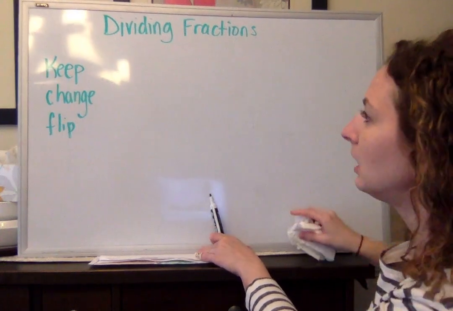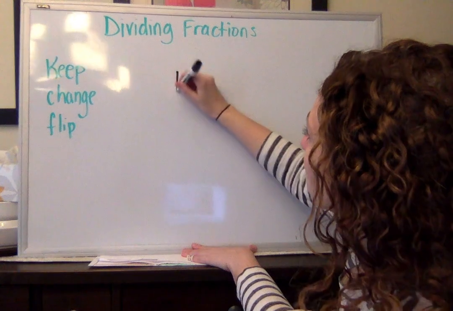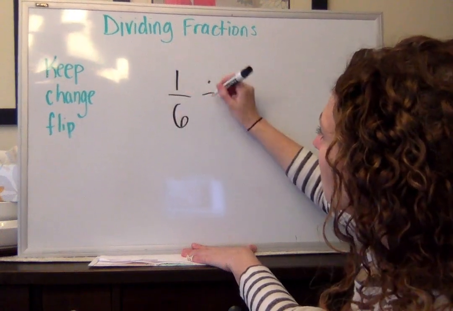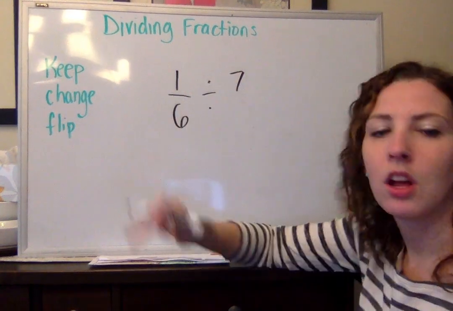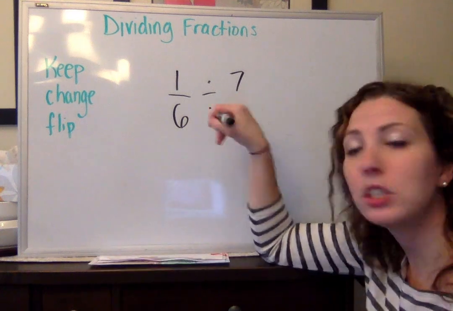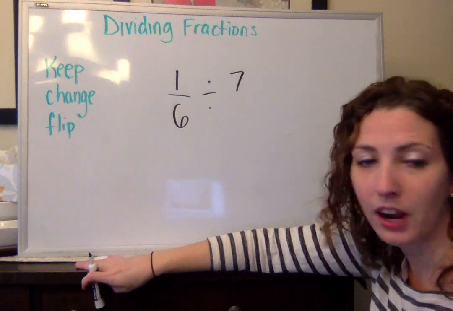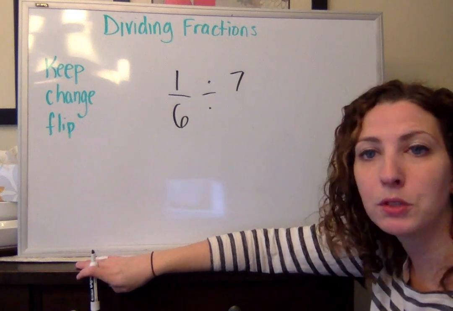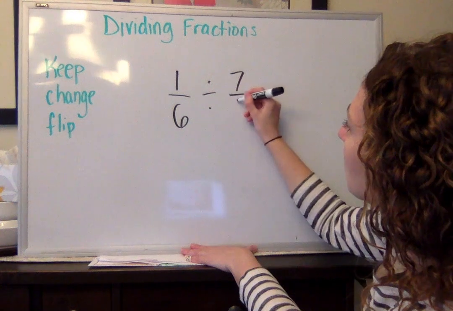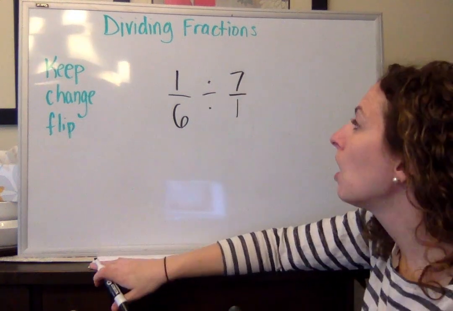Now you might see some written like this. 1/6 divided by 7. Don't get upset or scared if you see this. What do you know has to happen to that whole number to make it a fraction? You should already know. All we do is put a 1 under it. Right? Now it looks like something that we're used to.